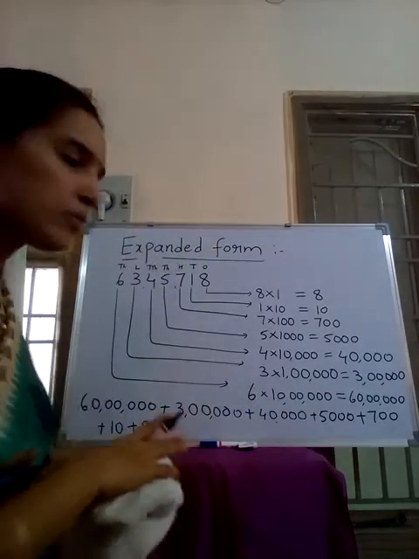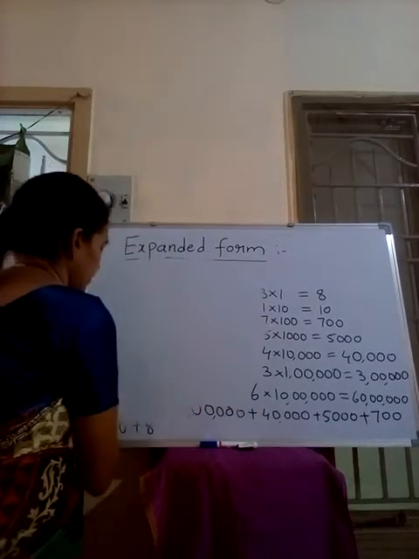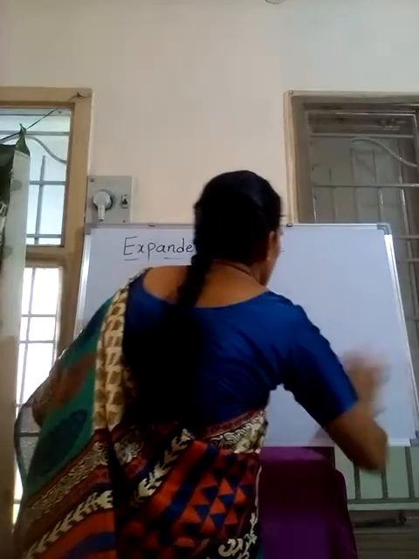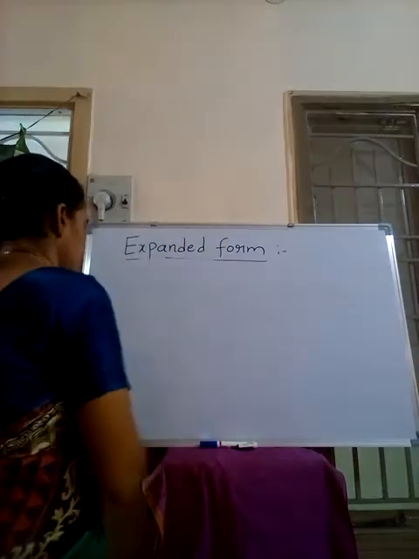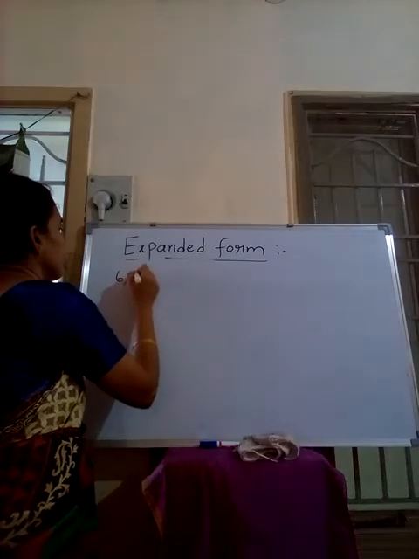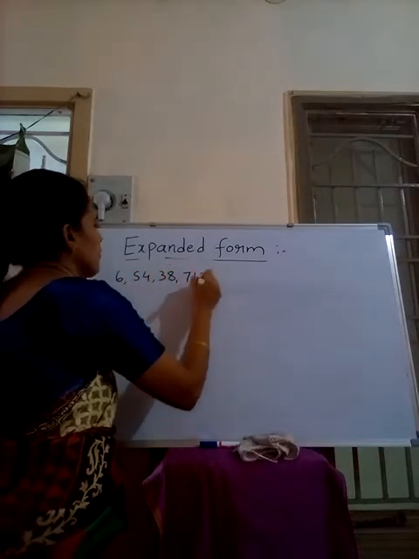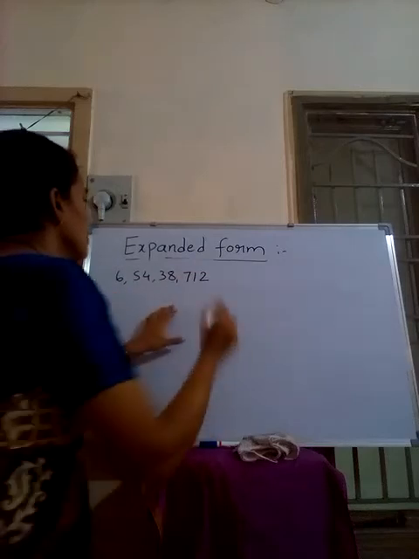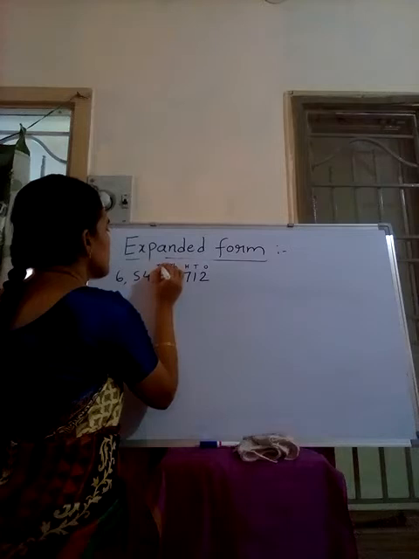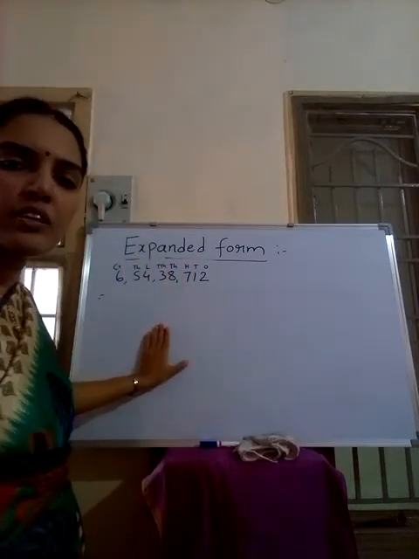Let us take another number. We know the places: ones, tens, hundreds, thousands, 10,000s, lakhs, 10 lakhs, crores. 6 is there in crores place.